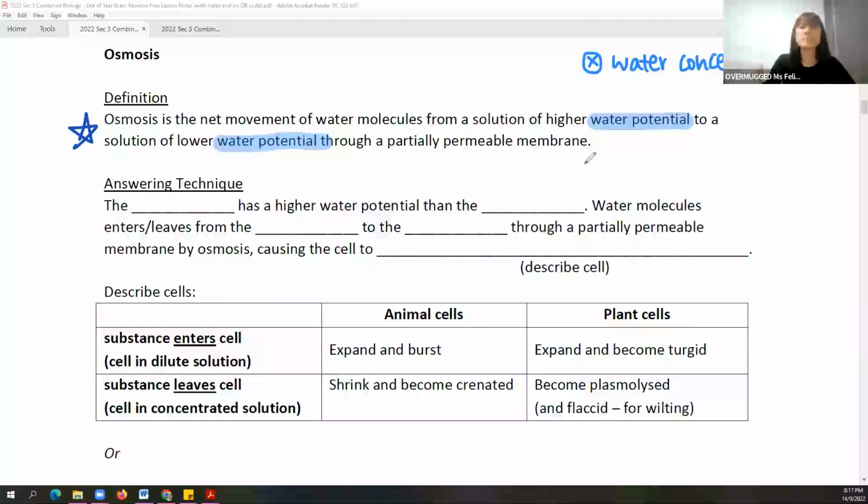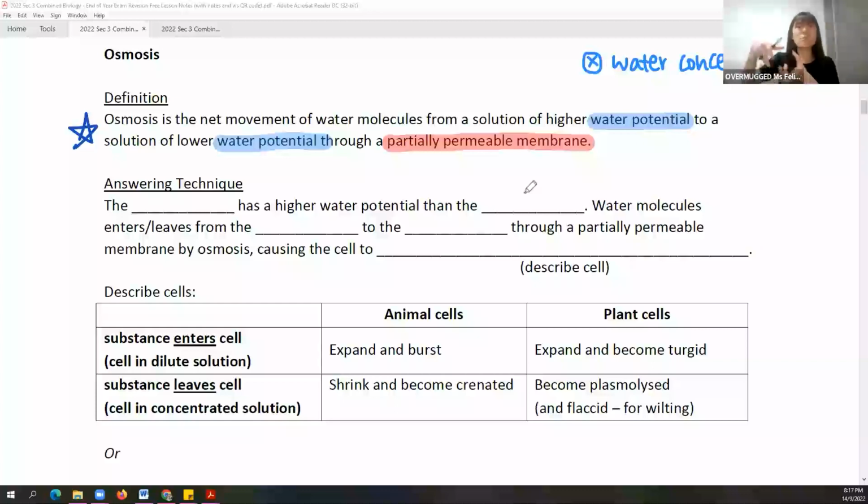Next, you need to take note that for osmosis, you must have a partially permeable membrane. Maybe for example, if I spill water from one end of the table and it flows to another end of the table, class, do you think that is considered osmosis? Maybe you can click the yes or no button in reaction.